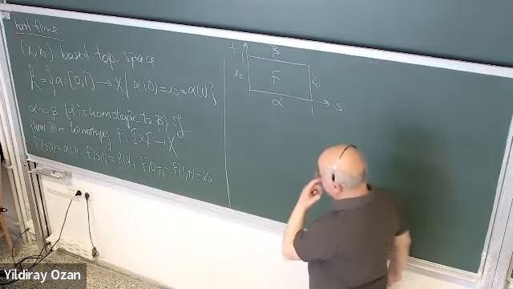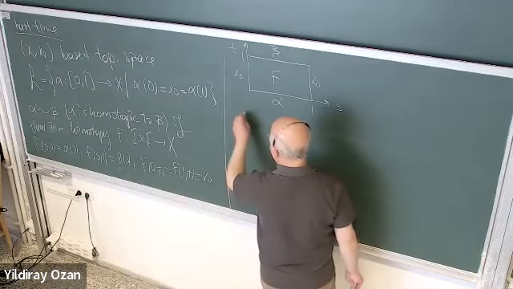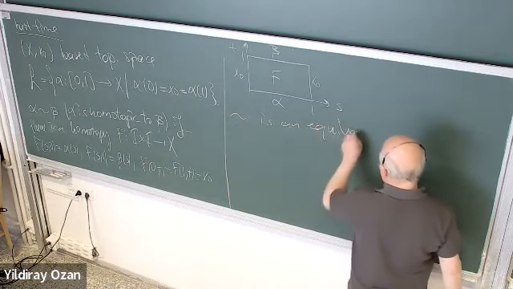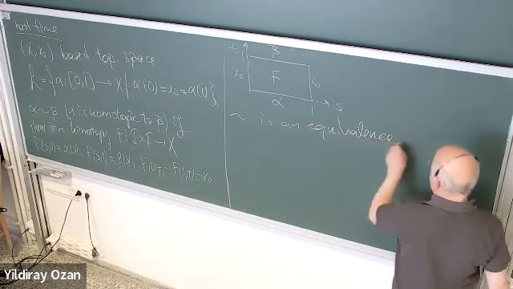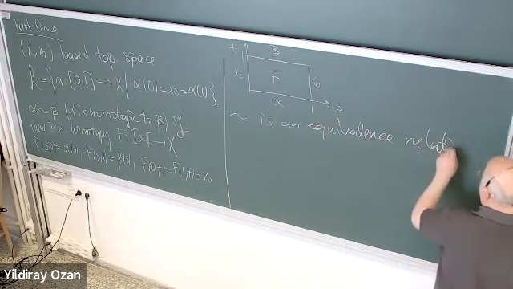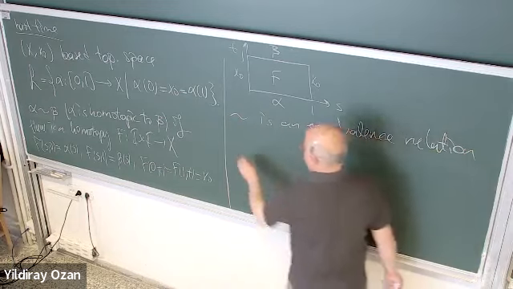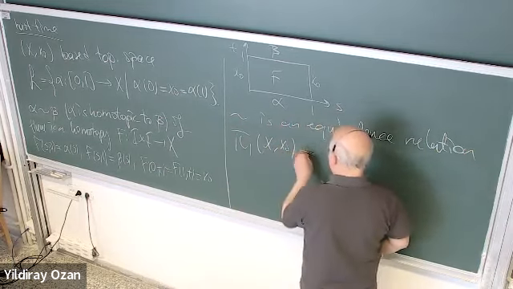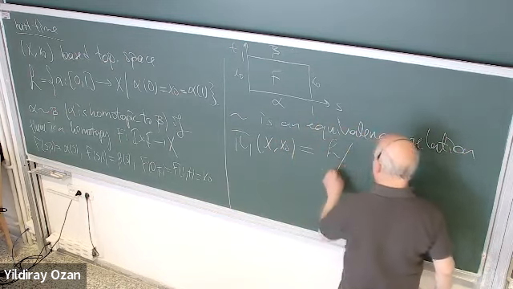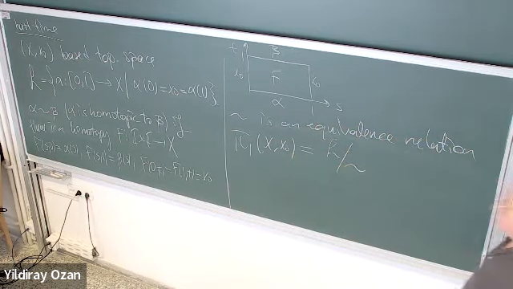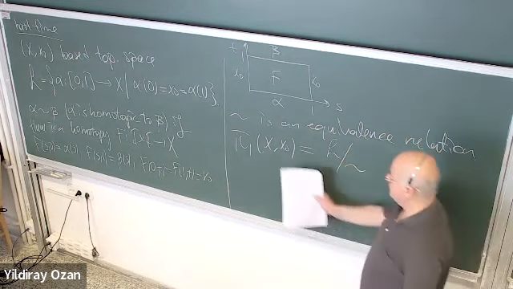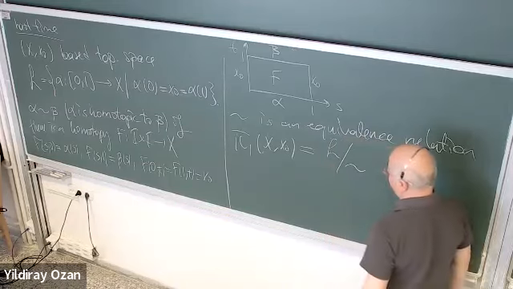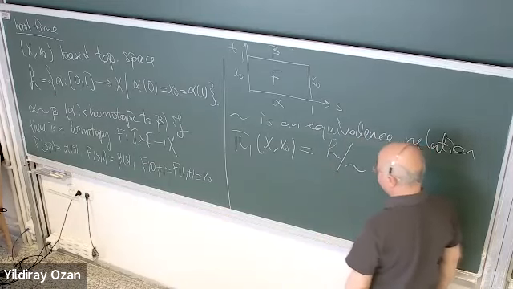Now, this relation is an equivalence relation. And the set of equivalence classes is called the fundamental group of the base space at x0.